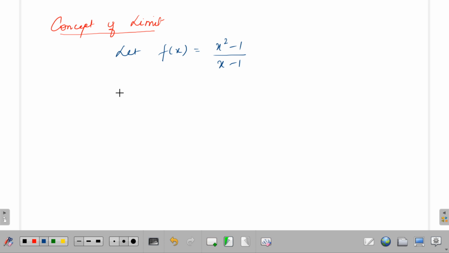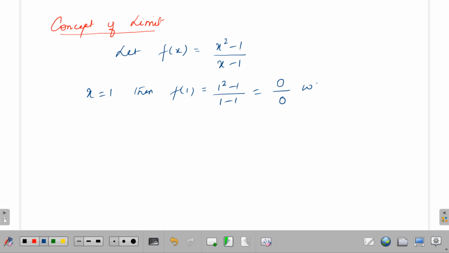Clearly, I can say that whenever x happens to be 1, the value of f of x would be 1 squared minus 1 divided by 1 minus 1, which is nothing more than 0 divided by 0.